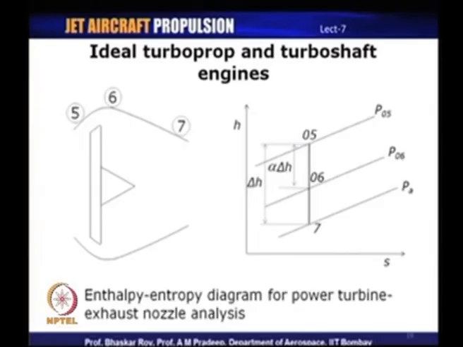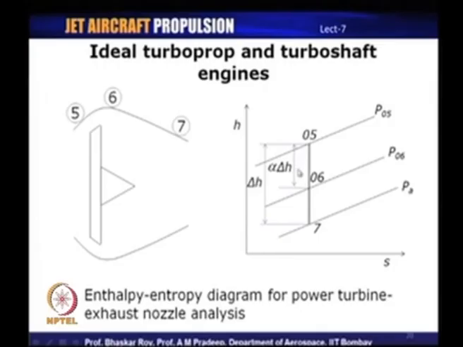Now, in the case of a turboprop or a turbo shaft engine, one of the differences between this and the basic turbojet engine is the free turbine. That is, free turbine is one of the components which distinguishes turboprop and turbo shaft engine from a turbojet engine. And so, if you look at the free turbine here, this is the free turbine that is shown, which is present between stations 5 and 6.